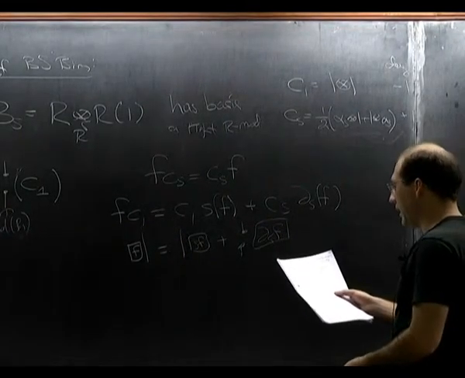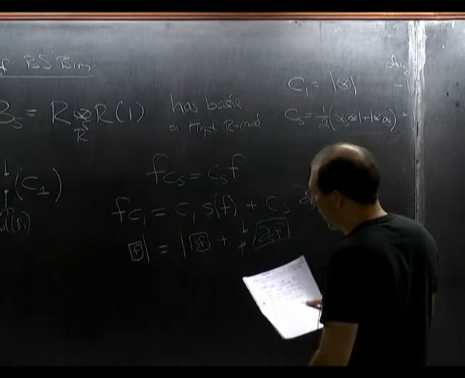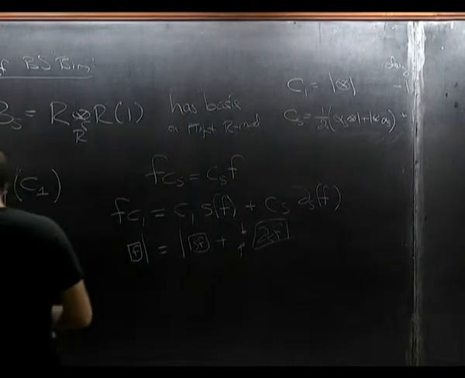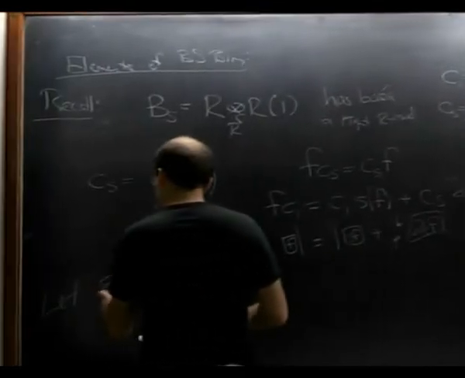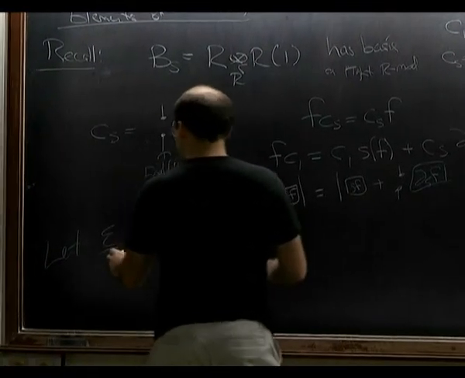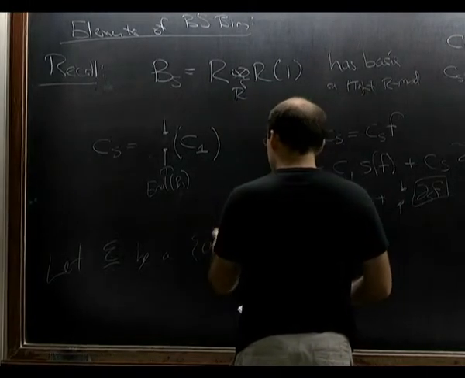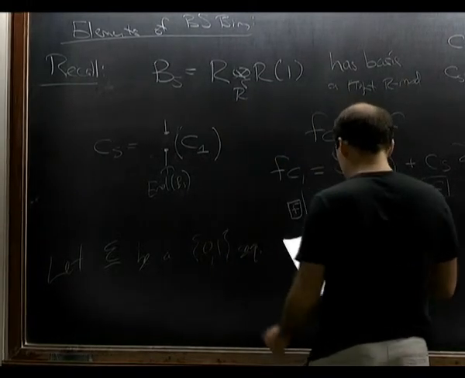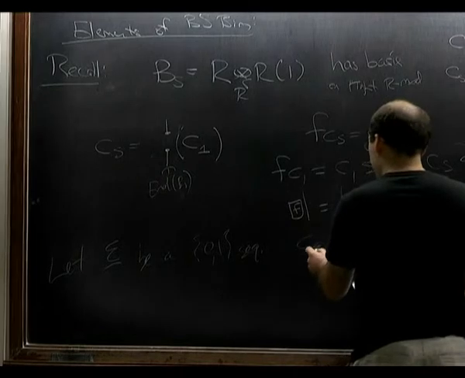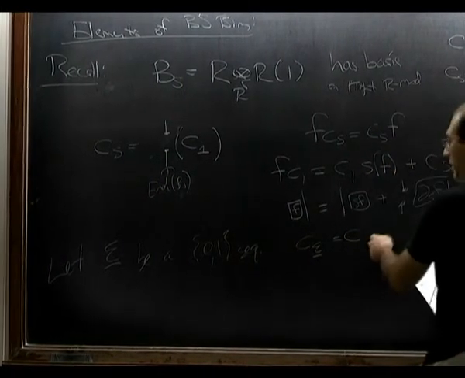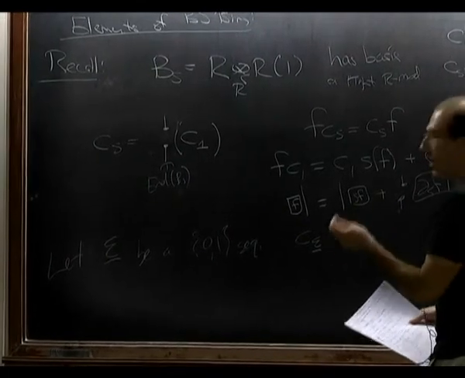All right, so now we want to use this and bootstrap it to arbitrary Bott-Samuelsons. Let epsilon underline be a 0, 1 sequence. And C epsilon was either C1 or CS, depending on whether epsilon is 1 or 0.